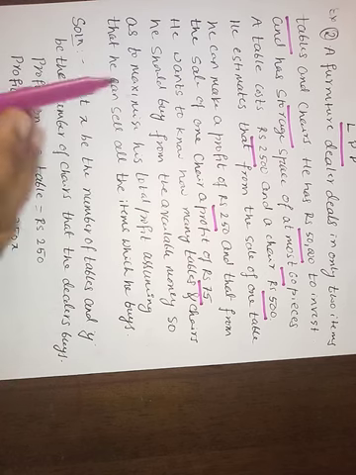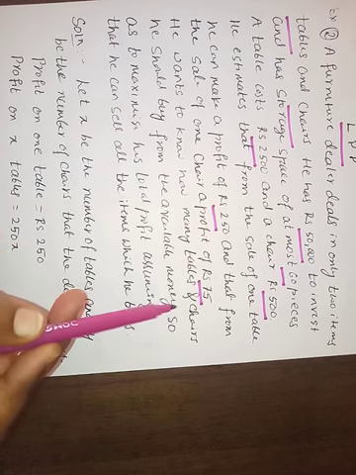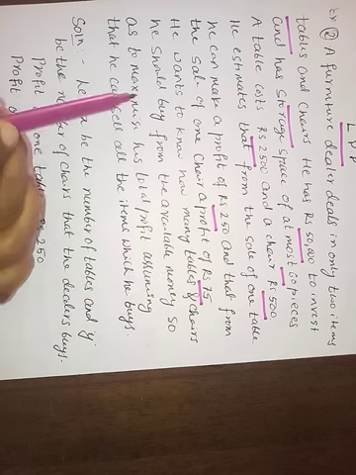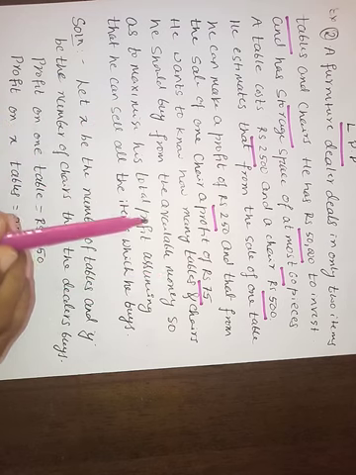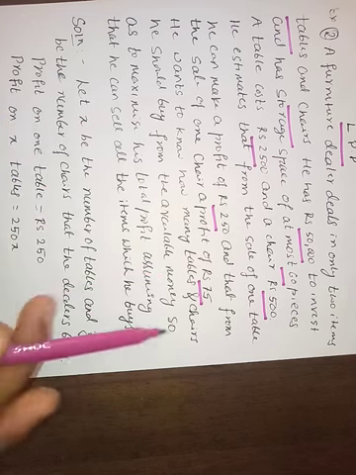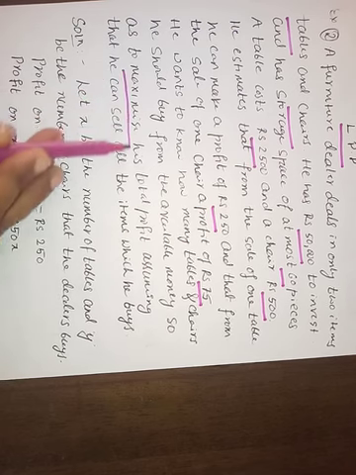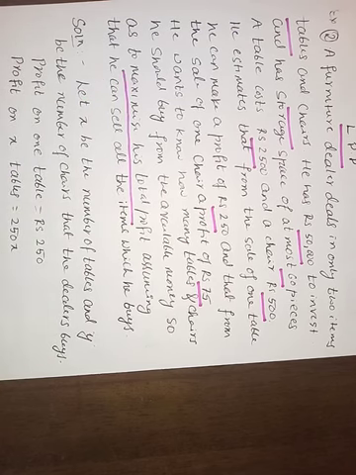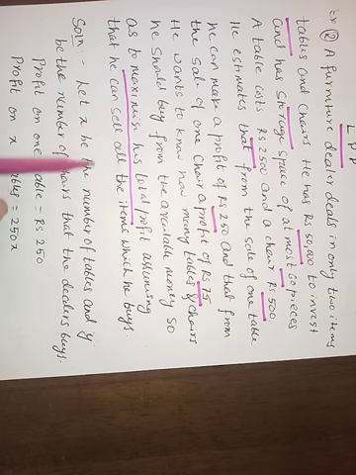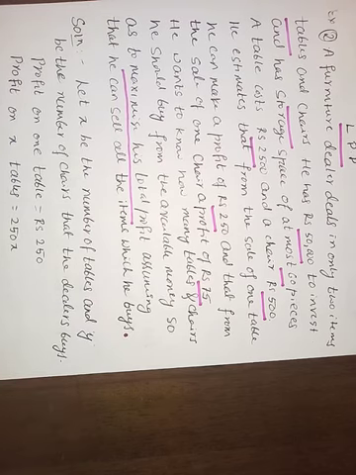He wants to know how many tables and chairs he should buy from the available money so as to maximize his total profit, assuming that he can sell all the items which he buys. This is the given example.